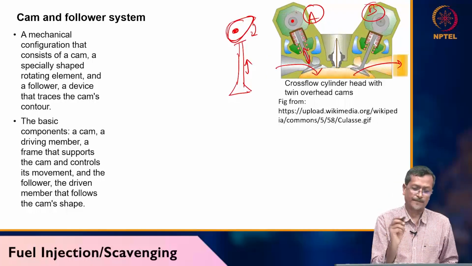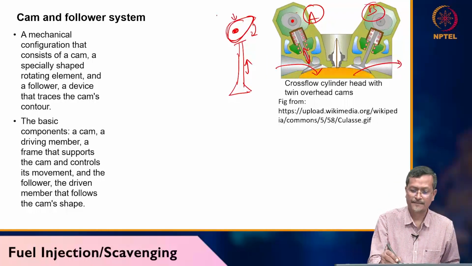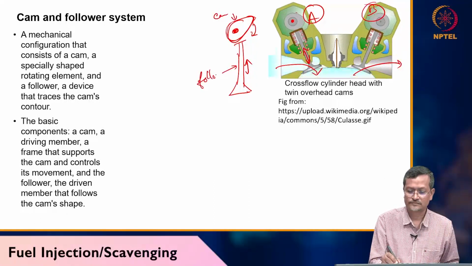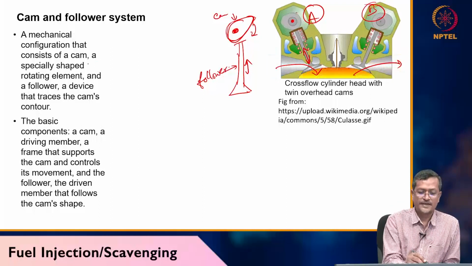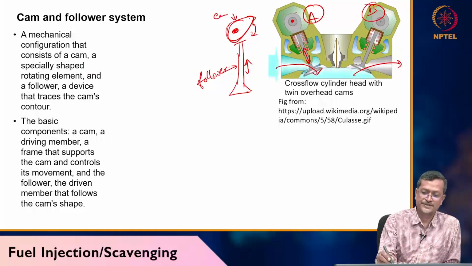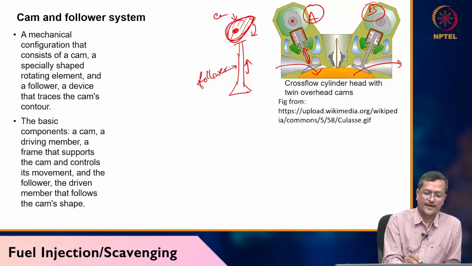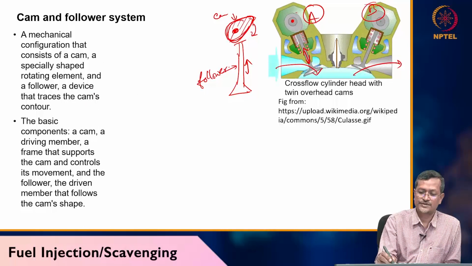So this is called the cam, this is called the follower. A cam mechanism is a mechanical configuration that consists of a cam, a specially shaped rotating element, like an egg-like shape, and a follower, a device that traces the cam contour. So this is the follower, tracing the cam contour.